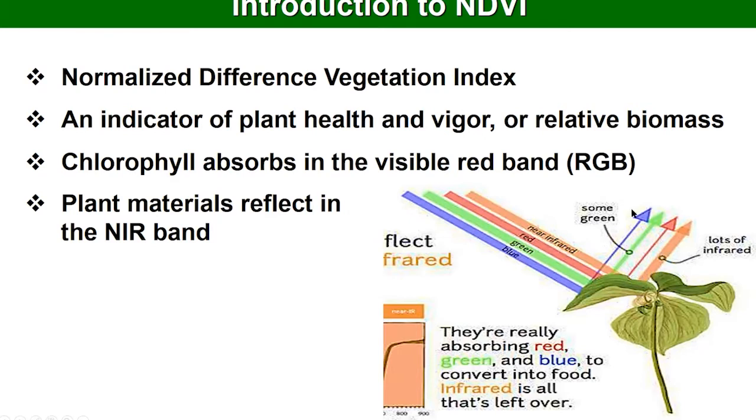So, in other words, if the plant is healthy, it will reflect more green. We will look at that plant and see, oh yeah, this is very healthy, green and darker green. But if it has some stress or problem, it will show other colors, just like in fall, we will see the stress.